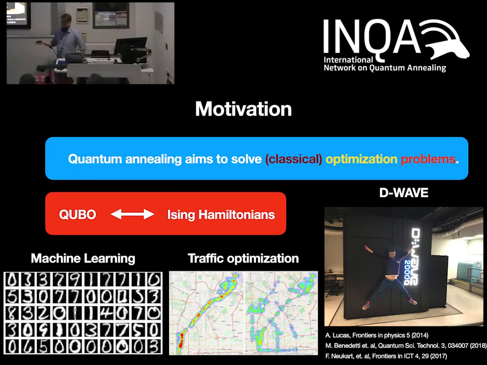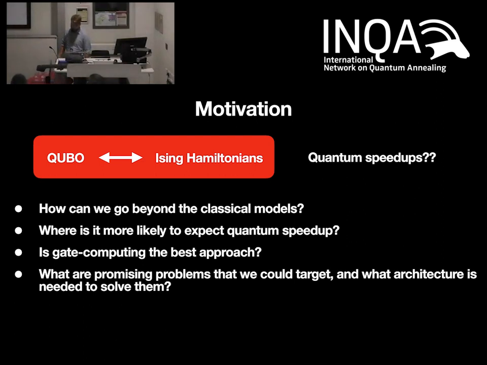Optimization means that we end up in the ground state or close to it. Problems means that we have a possibly hard problem, and we try to map it to an Ising Hamiltonian or a quantum Hamiltonian. There are plenty of wonderful results ranging from machine learning, traffic optimization, phase transitions, all this stuff. However, it's still unknown whether with only this paradigm we can definitely achieve quantum speedups.